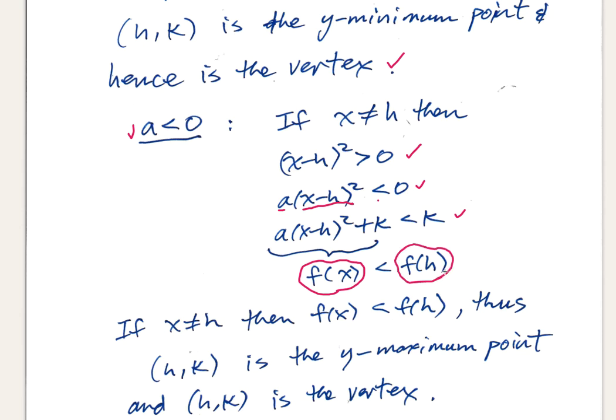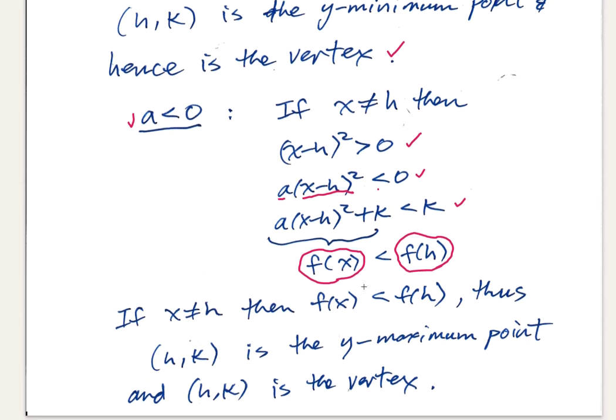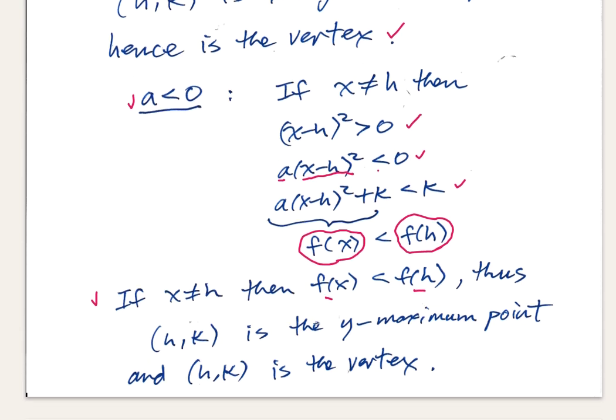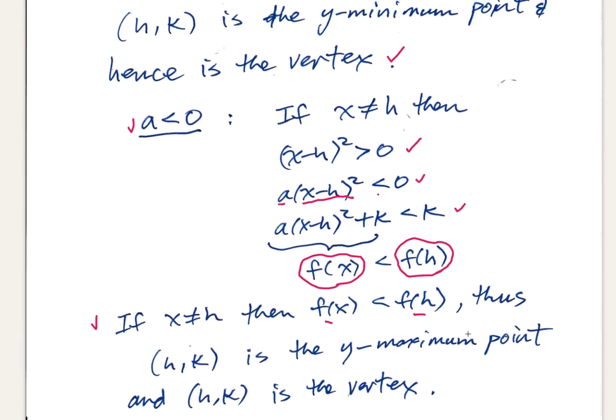So that's always true. F of x is strictly less than f of h. So, succinctly, if x is different than h, then the function evaluated at x is less than the function evaluated at h. Thus, hk is a y maximum point, and hk has to be the vertex then.